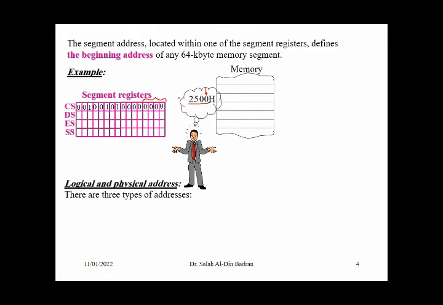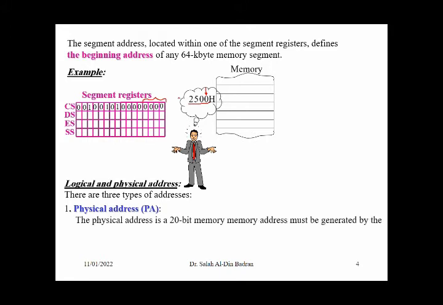There are 3 types of addresses. Physical address, PA. The physical address is a 20-bit memory address that must be generated by the microprocessor to access a location within the first 1 megabyte of memory.